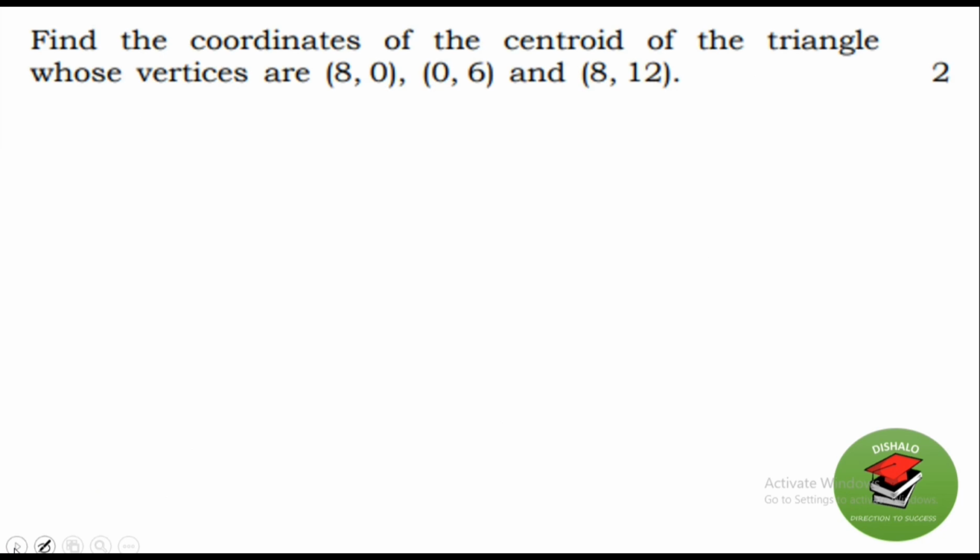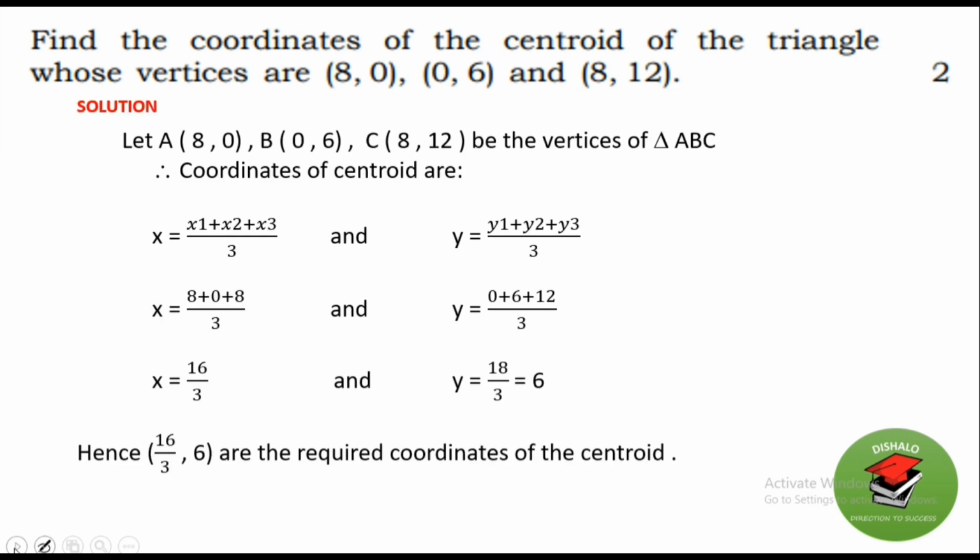So find the coordinates of the centroid of a triangle whose vertices are given. So here also you just have to put down the formula. So let A 8, 0, B 0, 6 and C 8, 12 be the vertices of the triangle.